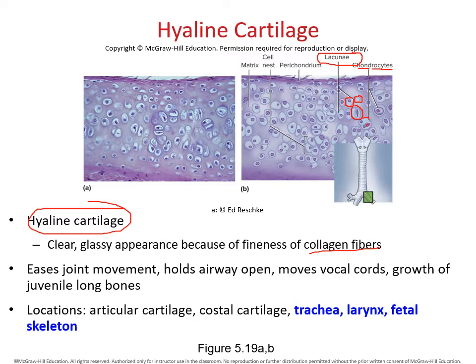And as you can see right here for the location, I wrote down for you 3 items: the trachea, which is your windpipe, so that goes to your lungs, your larynx, which is your voice box, and then the fetal skeleton. So that's the skeleton that we see developing within babies. And that kind of makes sense because, as I said to you before, hyaline cartilage is the first one before it's replaced by bone.